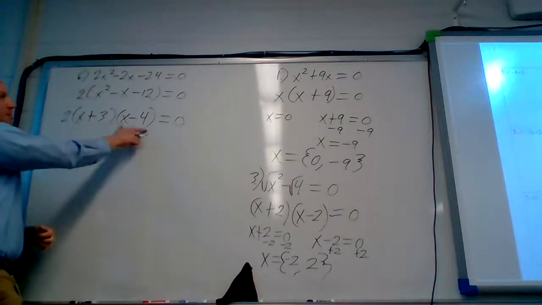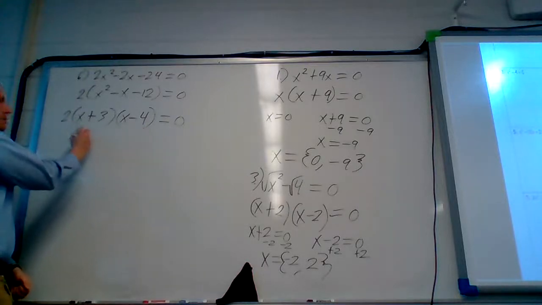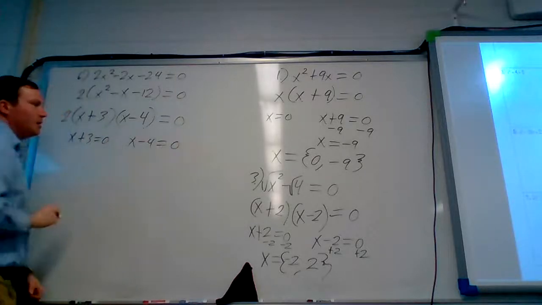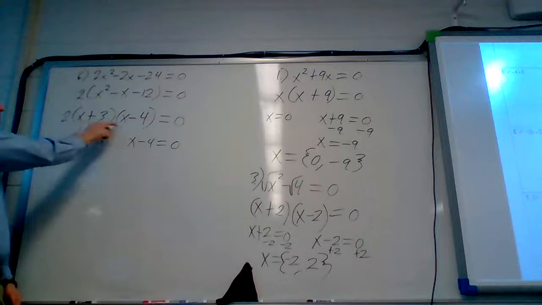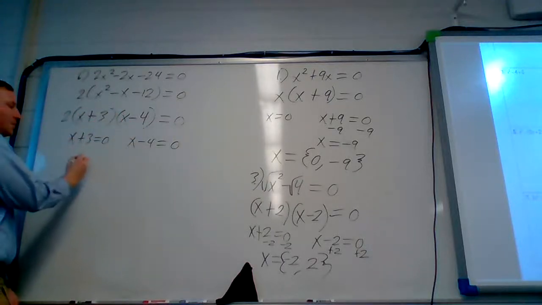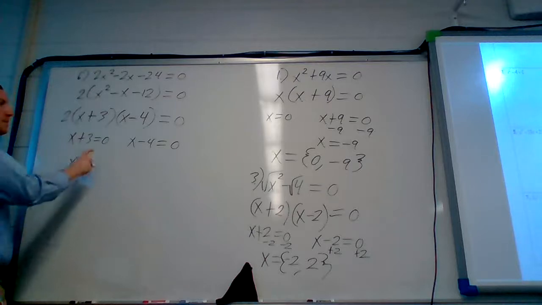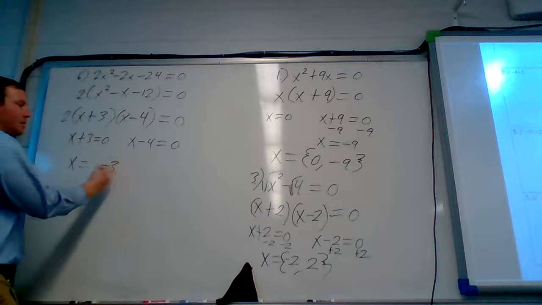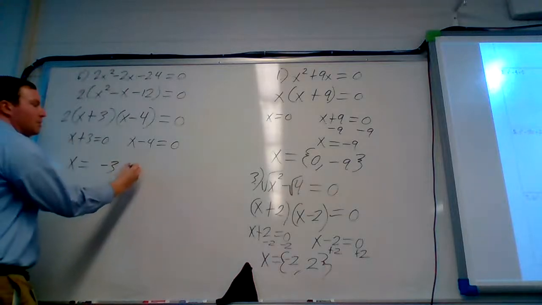Okay. So then we're going to take both of these, again, set them equal to 0, and solve. And what do we notice every time we set just a binomial with no number in front of our x equal to 0? What does it result in? So if we have x plus 3, we solve for x and that's -3, and then x minus 4 gives +4.